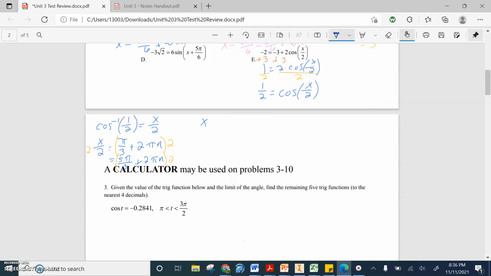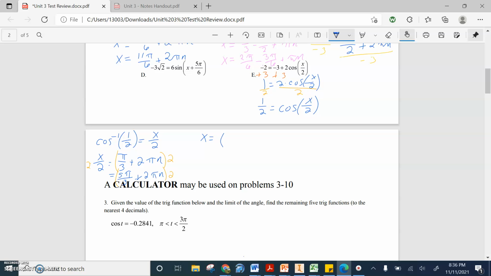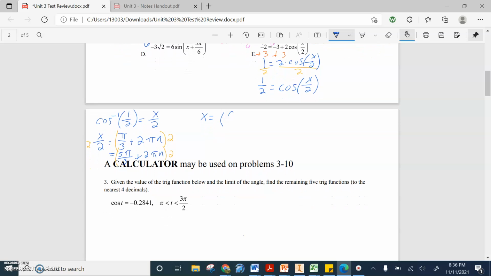So what we have is x equals, sorry, didn't mean to do that. So that should be 3, there we go. And x equals 5 pi. So those are our two answers, and if we keep going to the right for each of those, we have to distribute that 2 to the pi over 3, so we get 2 pi over 3.